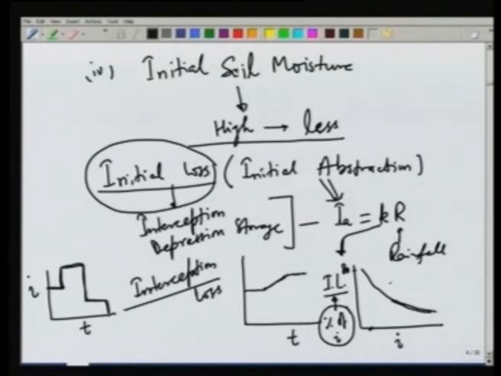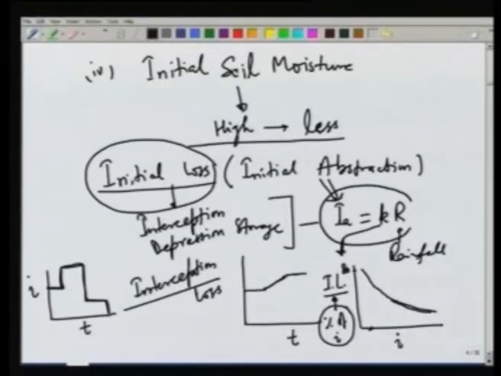So, interception loss is not constant with time, it changes with time, but what we typically do is assume that overall interception loss is some fraction of the total precipitation, which will depend on the catchment characteristics, and also on the distribution of the rainfall, whether there are more storms or fewer storms.